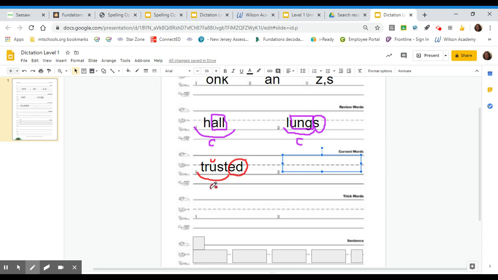And it's a closed syllable, because I have that vowel followed by the consonant S. Now, at the beginning of my word, I see a blend. I see the TR. So the T gets an underline and the R gets an underline. And then at the end, I see another blend. The S gets an underline and the T gets an underline. So make sure that your markup looks just like mine.